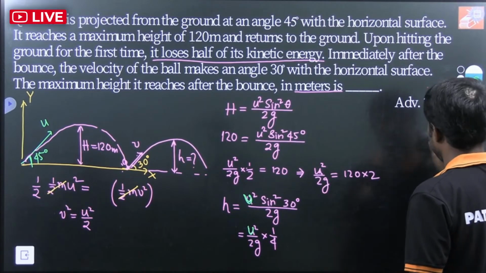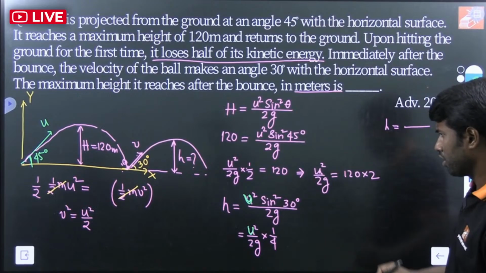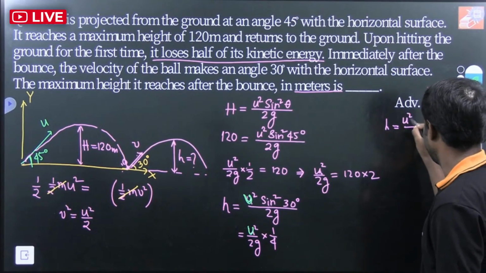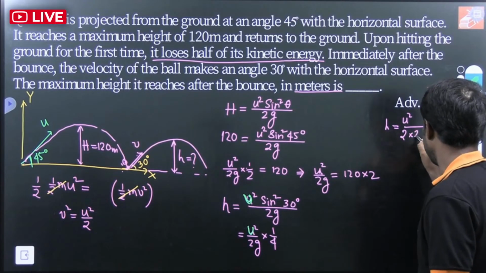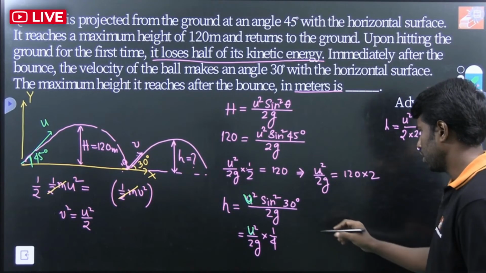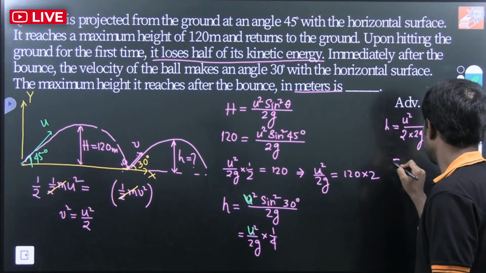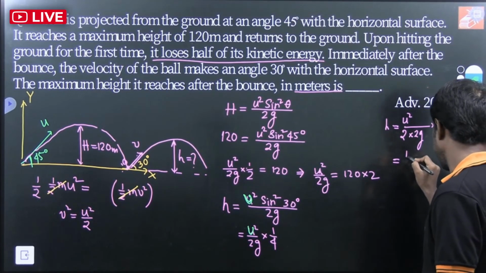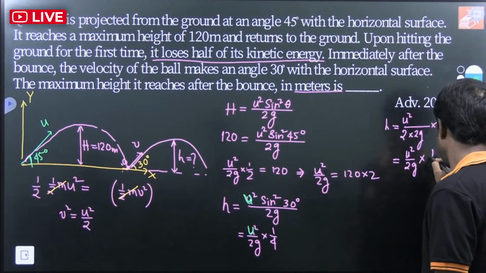So we get that h equals u square by 2 into 2g, as well as we have 1 by 4. So we get u square by 2g into 1 by 4 into 2, which is 1 by 8.